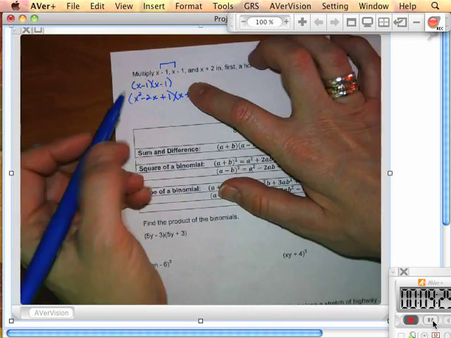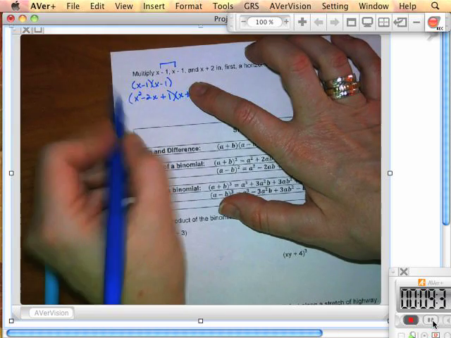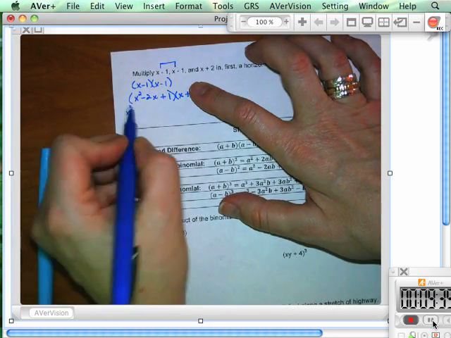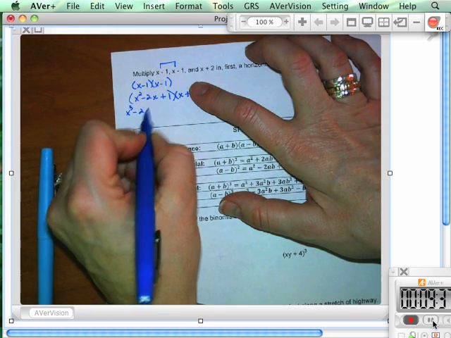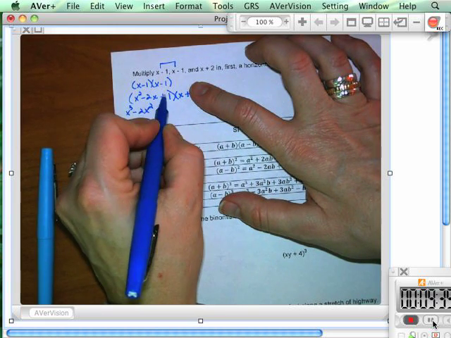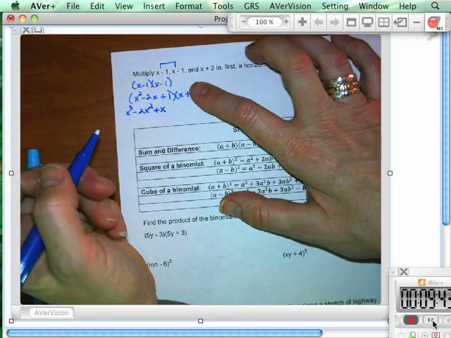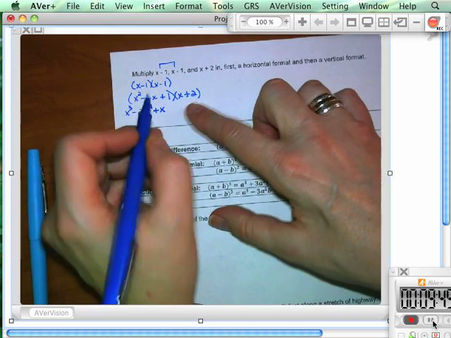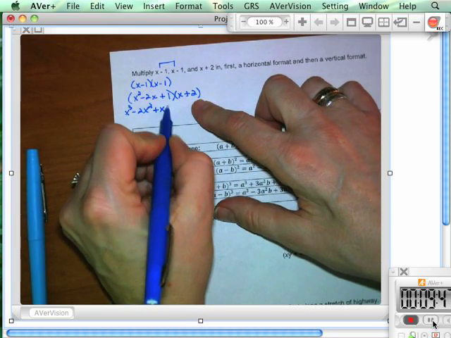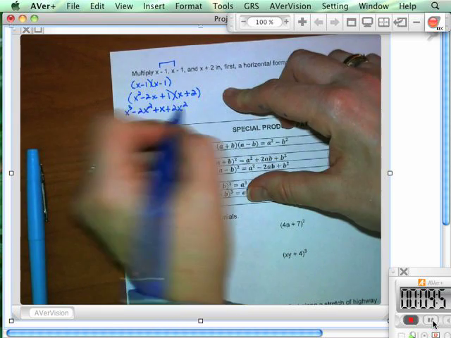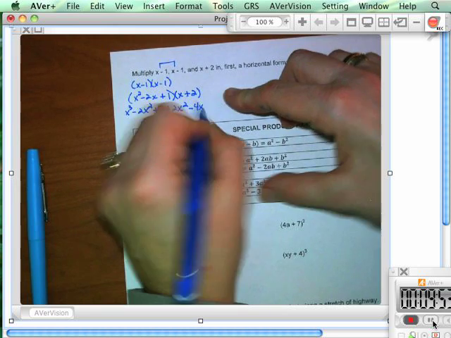So I have x times x squared, which is x cubed. X times negative 2x, which is negative 2x squared. And x times positive 1, which would be plus x. And then I'm going to add to that 2 times x squared, which is 2x squared. 2 times negative 2x, which is minus 4x, and 2 times 1, which is 2.